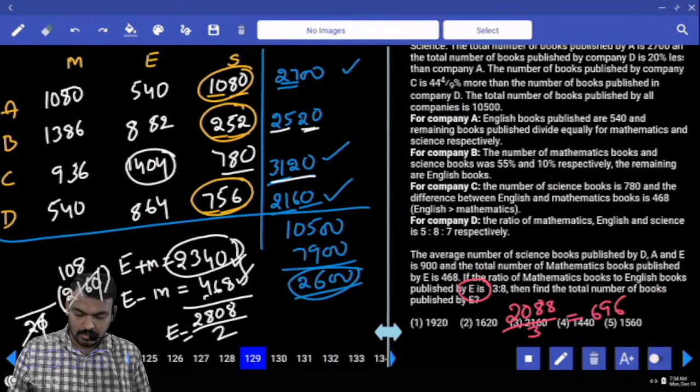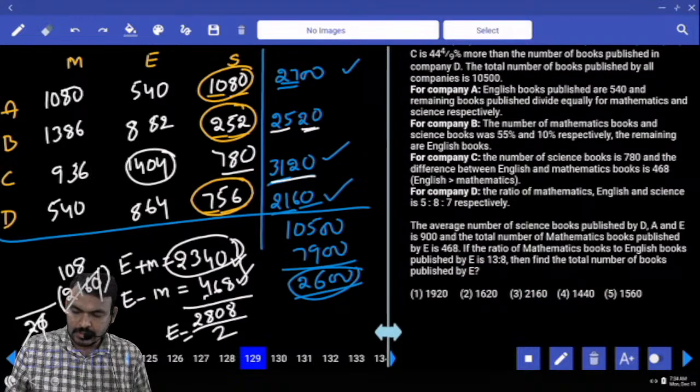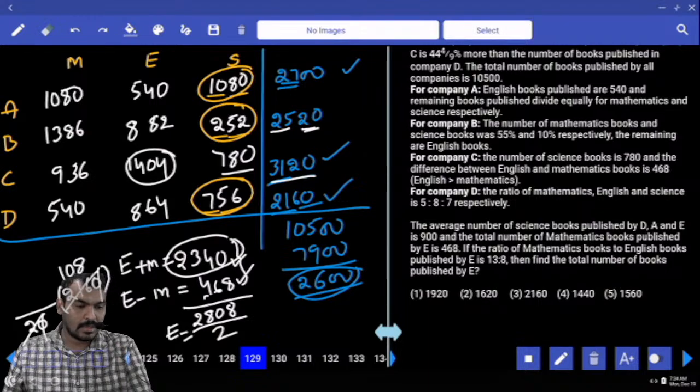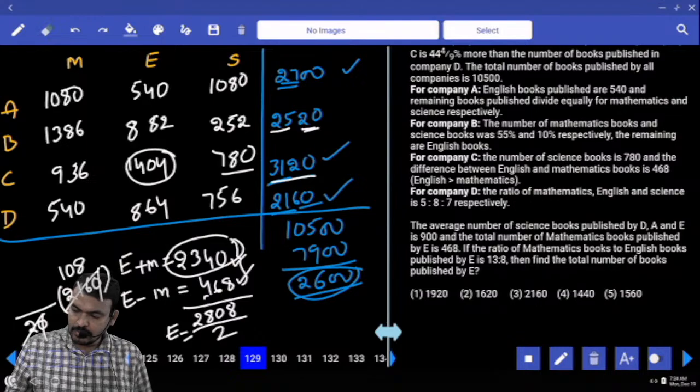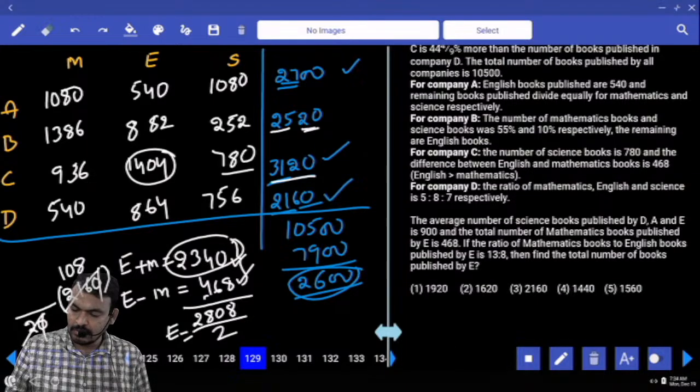Next, question number 129. The average number of science books published by D, A, E is 900, and the total number of mathematics books published by E is 468. The ratio of the maths books and English books published by E is 13:8.